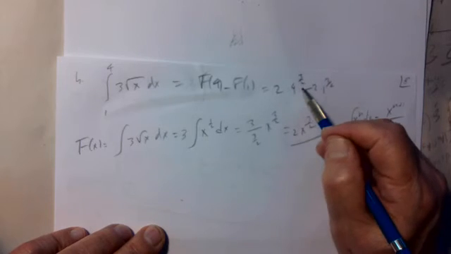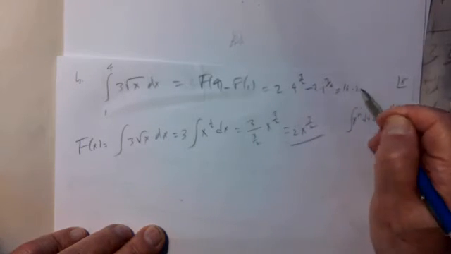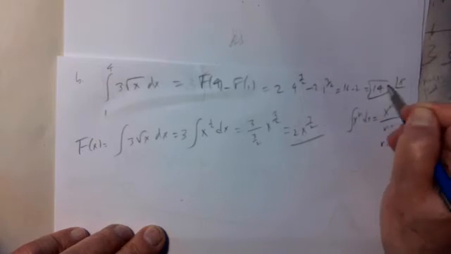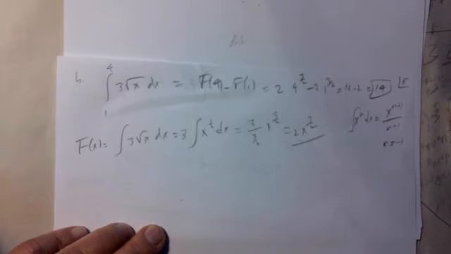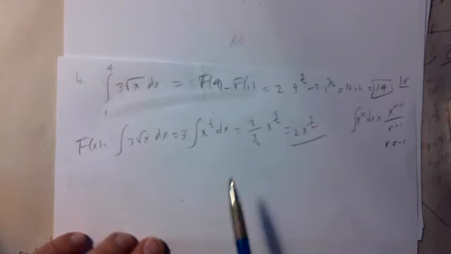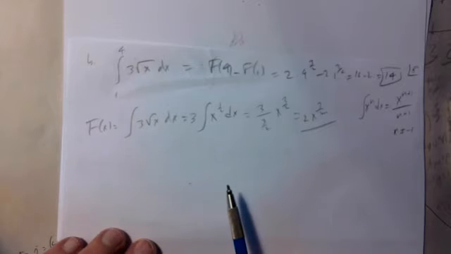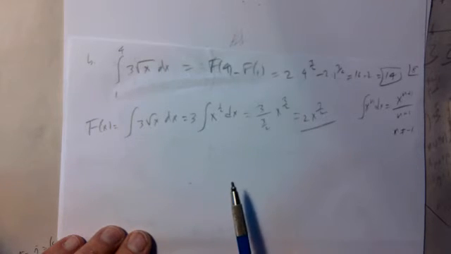Square root of 4 is 2. 2 cubed is 8. We get 16 minus 2, or 14 as our answer. Now, you do have to know a little bit of high school algebra to do this calculation, but in calculus, we assume you've learned your high school algebra.